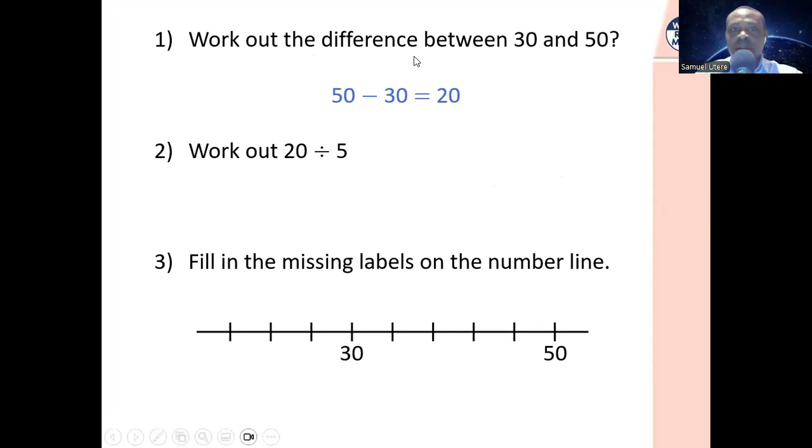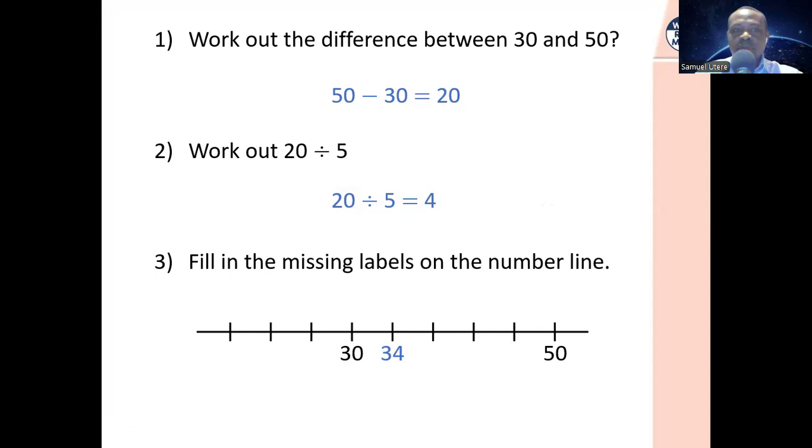So to work out the difference between 30 and 50 means to do 50 minus 30, which is equal to 20. Next, you were asked to work out 20 divided by 5. 20 divided by 5 is equal to 4, because using your multiplication knowledge, 4 multiplied by 5 is equal to 20.